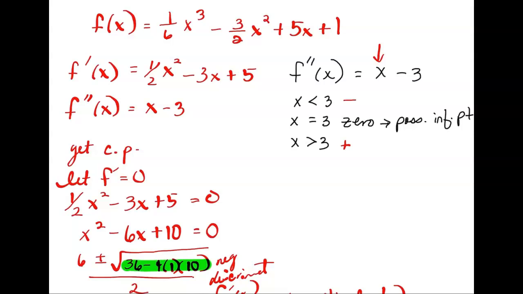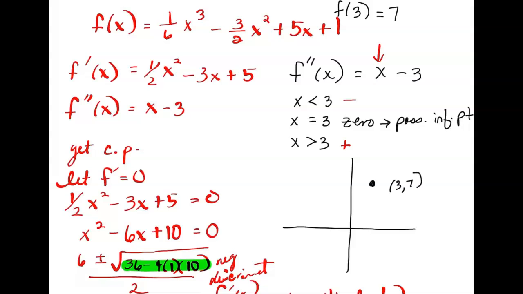And so because concavity changes, we know that we have a point of inflection. And so that helps us greatly. And so this problem is similar to the last one, but again, it is different in that we didn't have a critical point there. So we can graph using our information that we found.